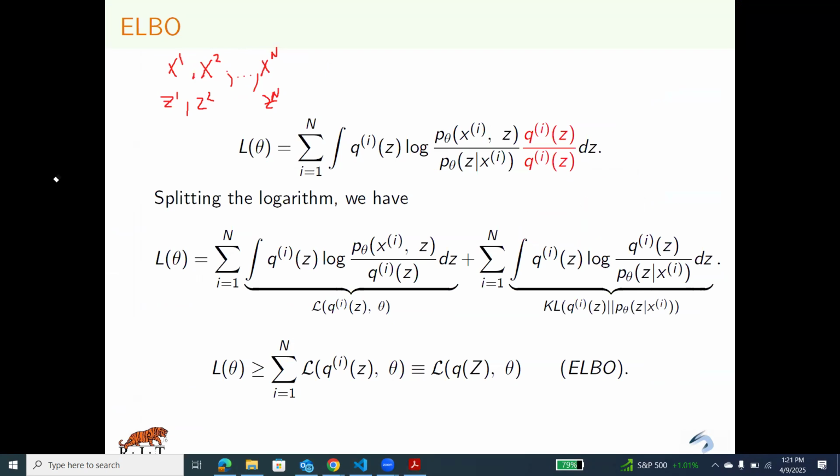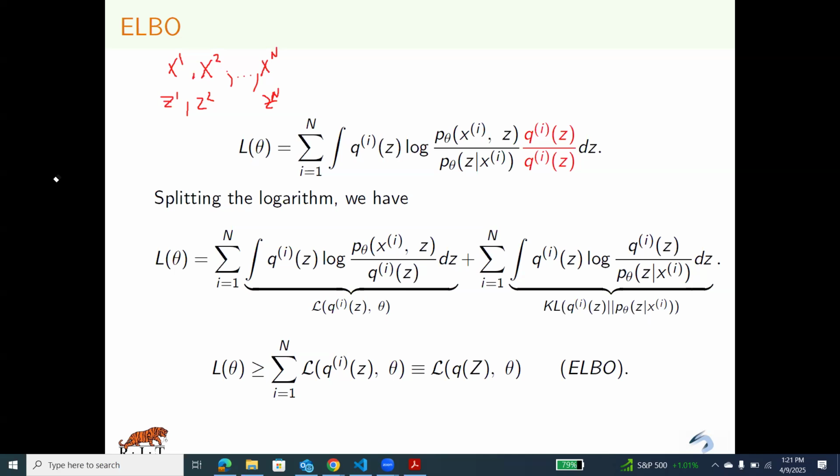So the second term is non-negative. And the first term, we will keep the first term. So our log likelihood will be estimated by the first term, because the last term is non-negative.